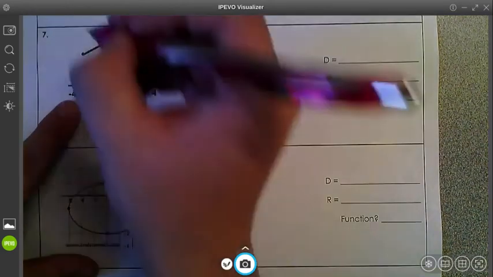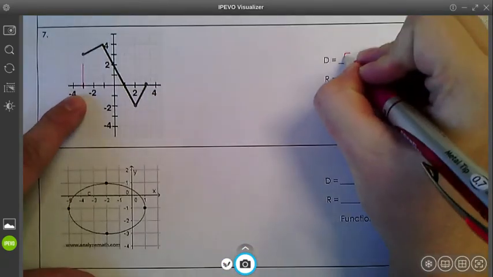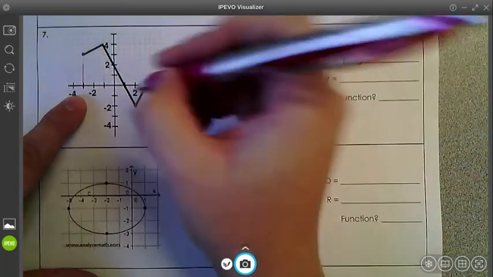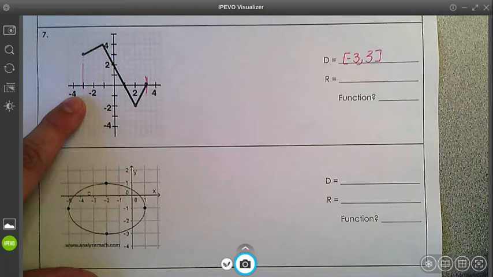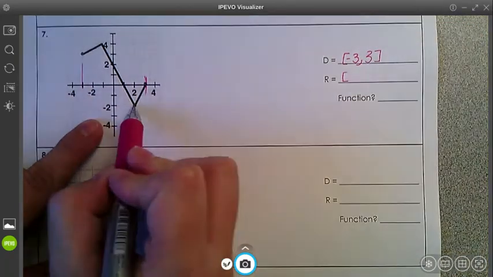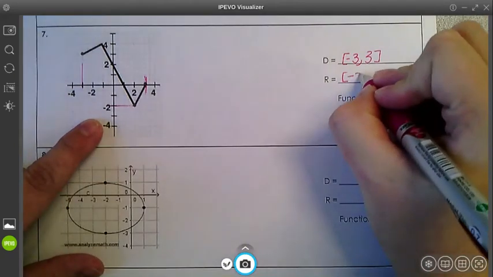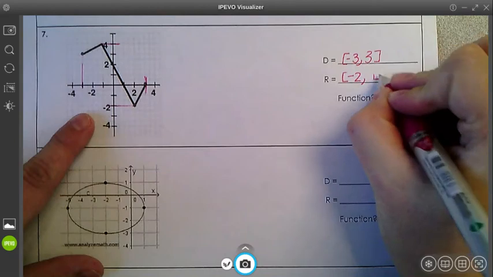So for number 7, the farthest left it goes is -3, and the farthest right is +3. For the range, the bottom is -2, and the top is 4.